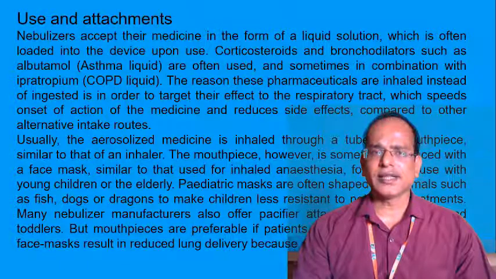So that is put at the reservoir side, and sometimes in combination with ipratropium. Ipratropium is a COPD liquid, that is chronic obstructive pulmonary disease. In a relief liquid they are storing at the reservoir of the chamber.